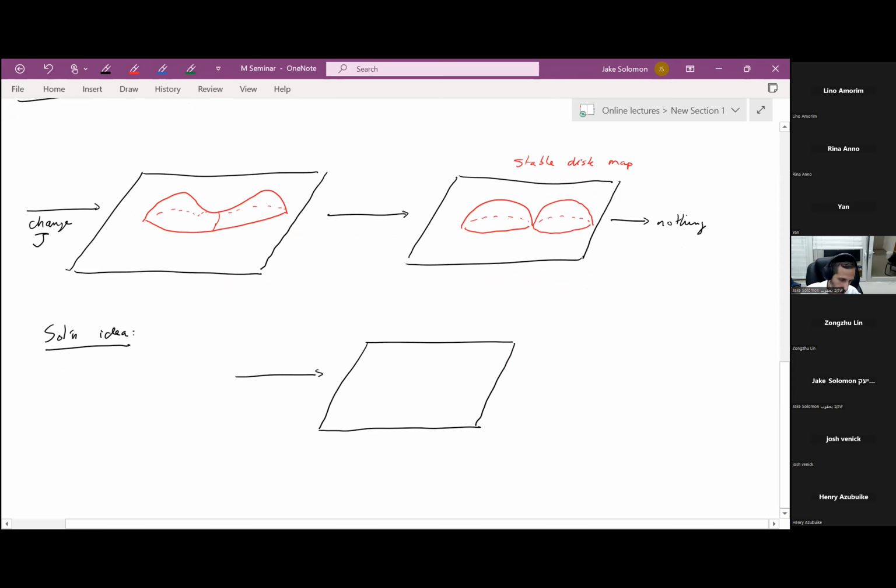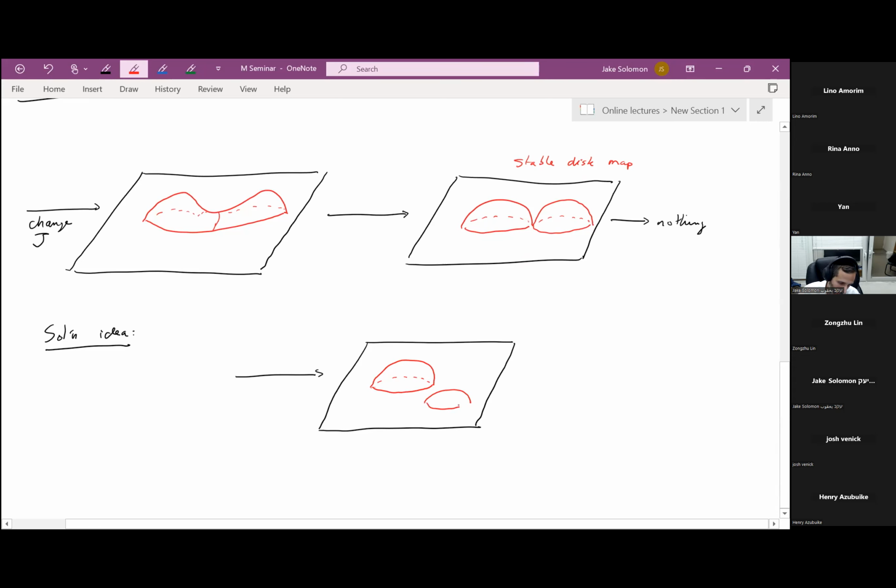Then you can continue counting something somewhat more generalized, which keeps track of how the boundary components of different disks link with each other, or how moduli spaces of boundary components of disks link together.